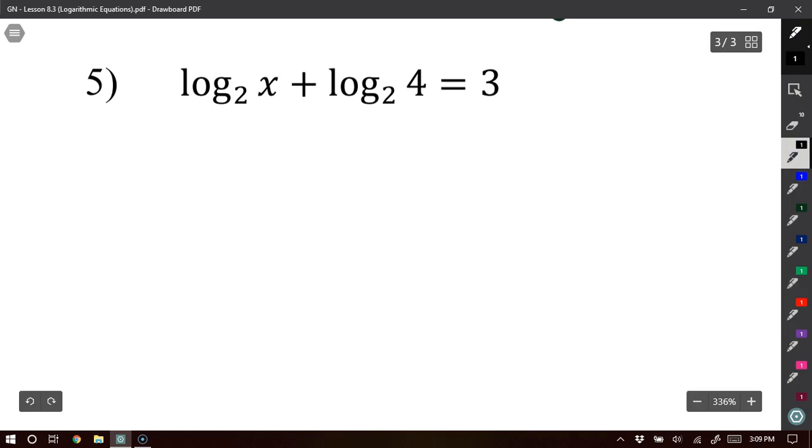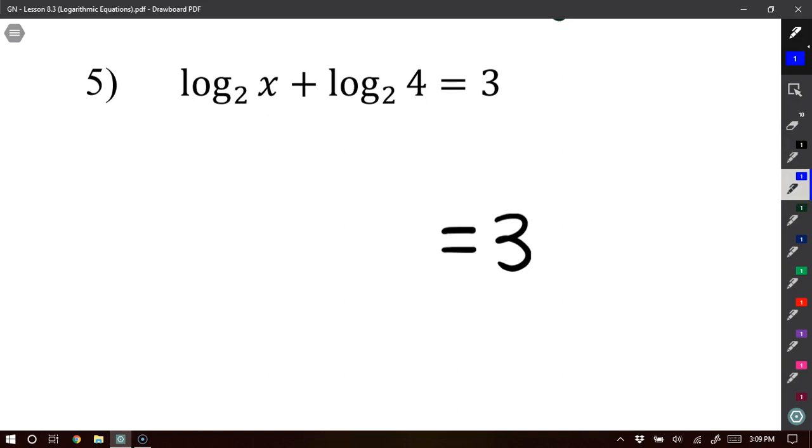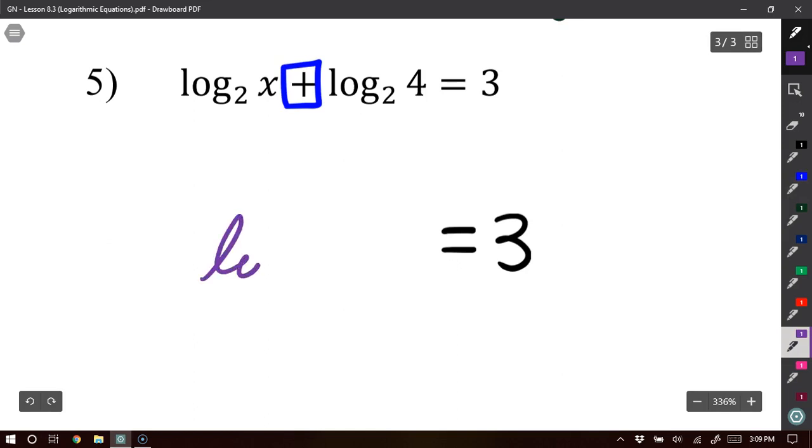But if I ask which side is nice and which side looks like it needs to be merged together, I mean, hopefully you're going to say the right side is nice because that's just the number 3. And hopefully you're going to tell me that the left side doesn't look as good because there's this plus sign there, and we can't have that. The log base 2 has to be all by itself.